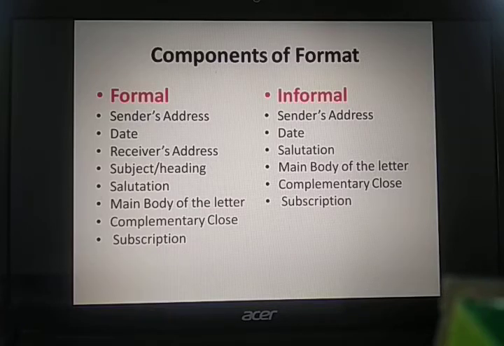And in informal letters, you can see sender's address, formal, informal, same. Date, formal, informal, same. But in informal letters, you do not have to mention receiver's address. Okay, that is not written here. Then subject is also not written in the informal letters. Salutation, you have to write same as formal letter. Main body of the letter, that is the main part of the letter, same as formal letter.